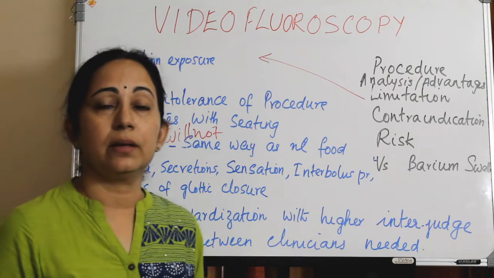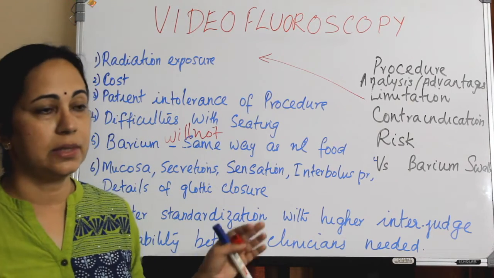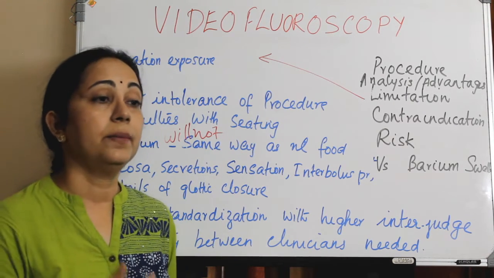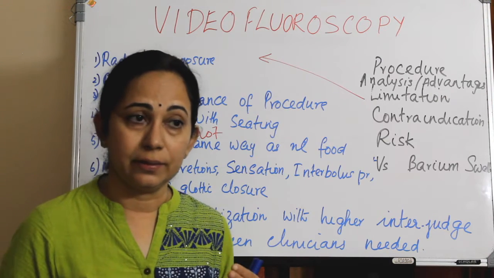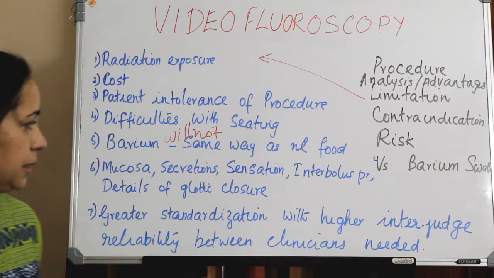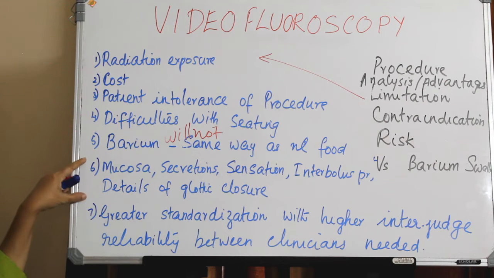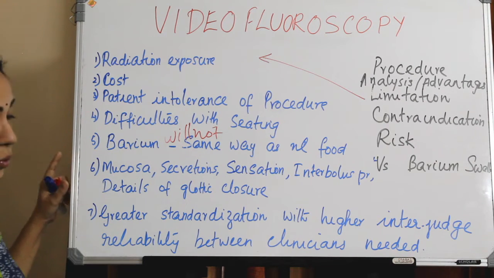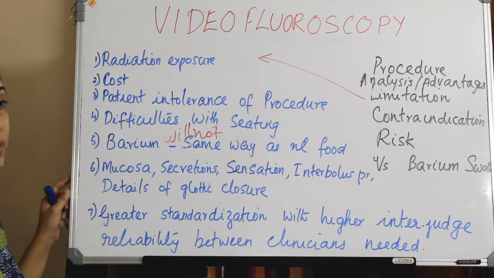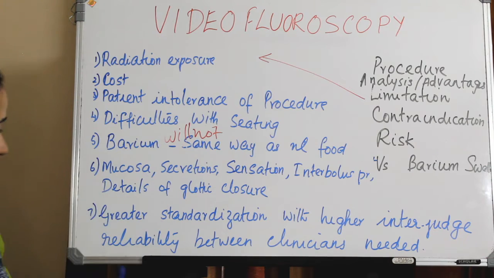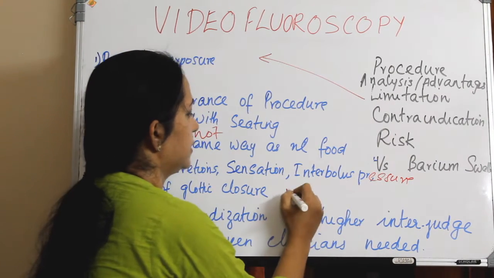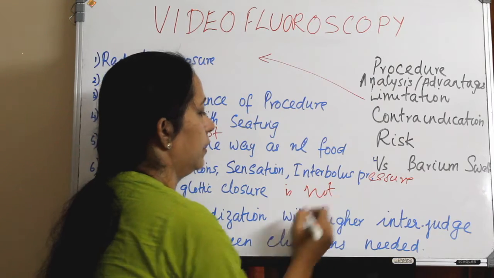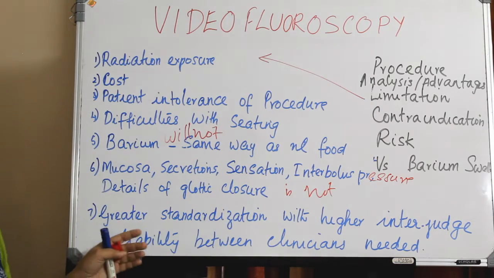This limitation can be improved to a certain extent by giving videofluoroscopy-specific contrast materials. Then the details regarding the mucosa, the secretion, sensation, then interbolus pressure, and details of glottic closure are not available by doing a videofluoroscopy.